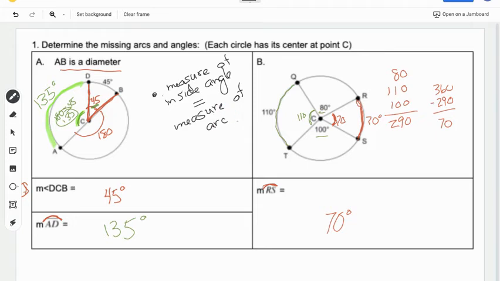We also just looked at the fact that all the degrees in inside angles or in those arcs must add up to 360. We know a circle all the way around is 360. Okay, so those are two important key things to keep in mind.